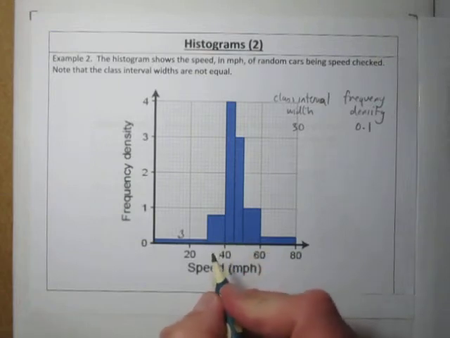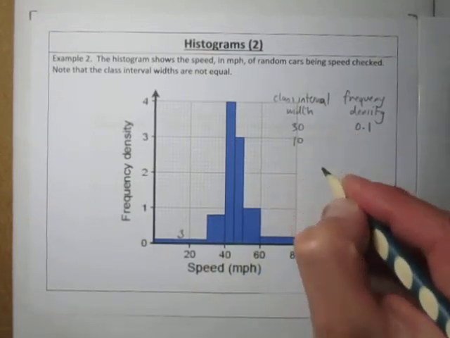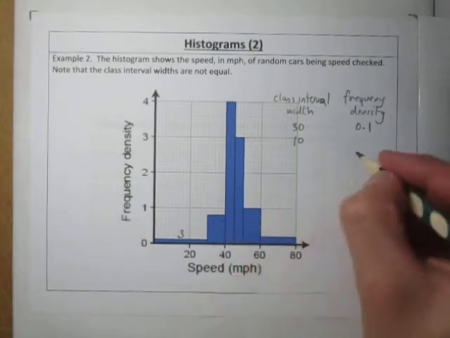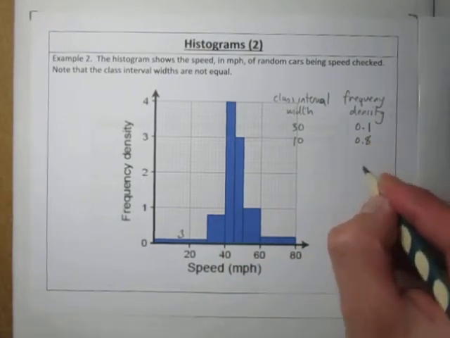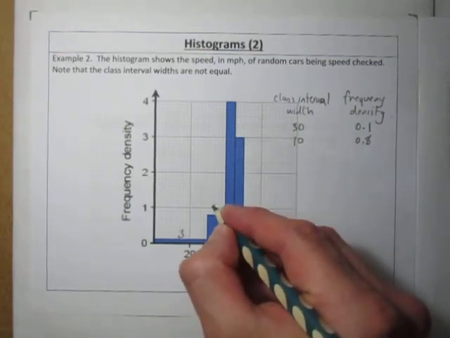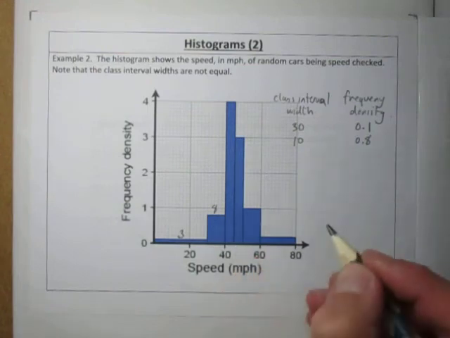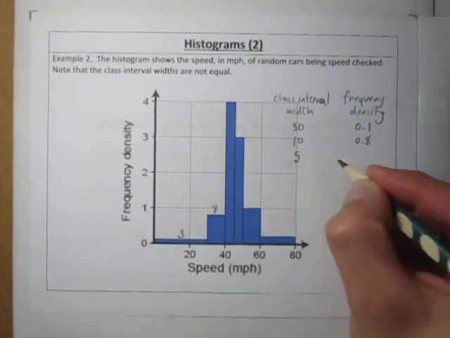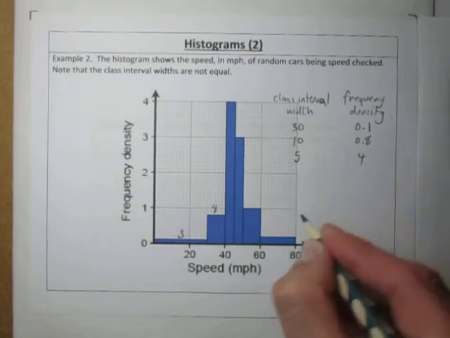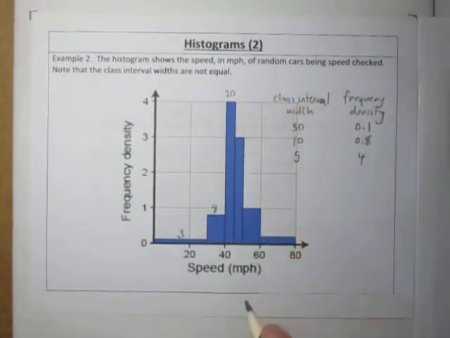For the next one, from 30 to 40, the class interval width is 10. Frequency density is 0.8. 10 times by 0.8, 8. 40 to 45, class interval width is 5, frequency density is 4. 5 times by 4 tells me that the frequency is 20.